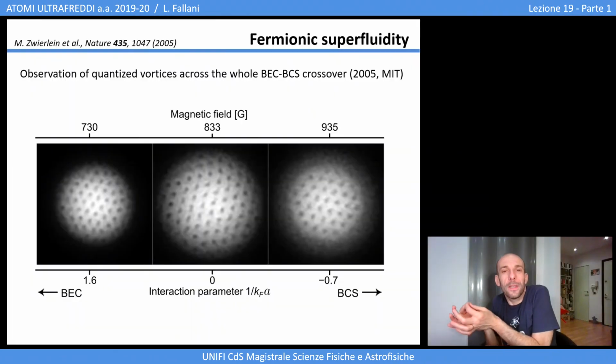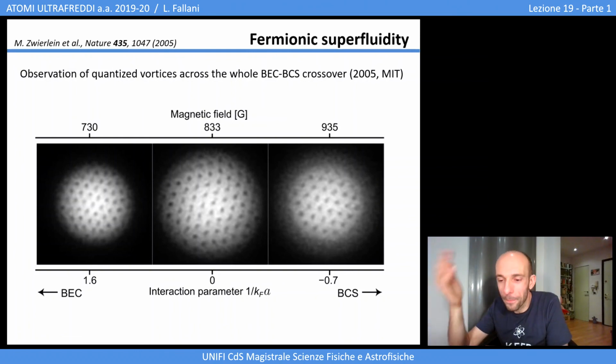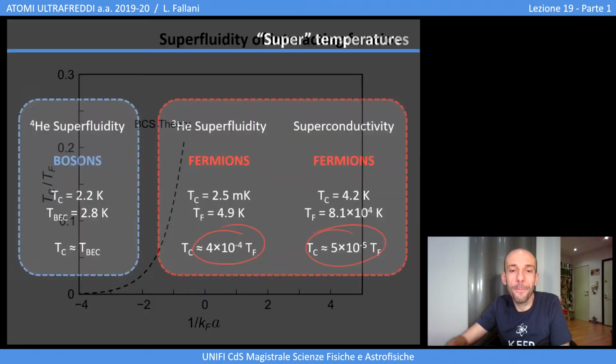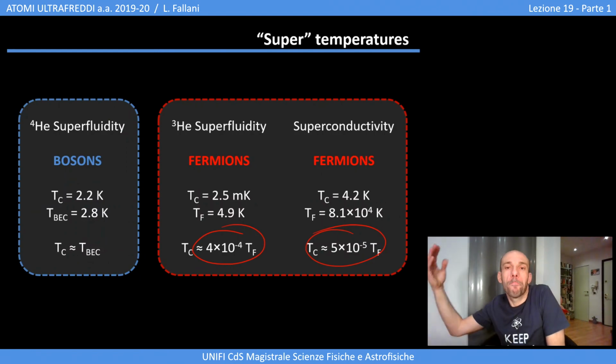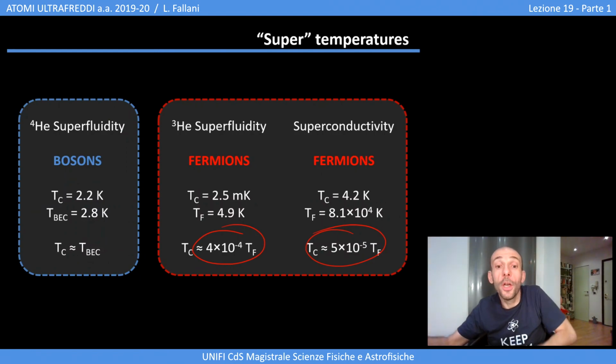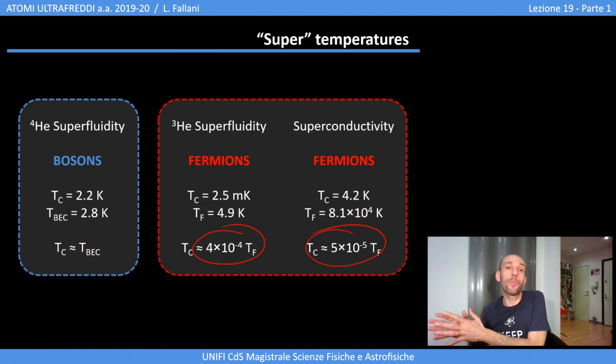So the physics of superfluidity and superconductivity can be studied in a system of cold atoms in which, at the last minute, you can change this interaction parameter. This is what you cannot do with either helium-3 or electrons in a superconductor. You cannot adjust the critical temperature.